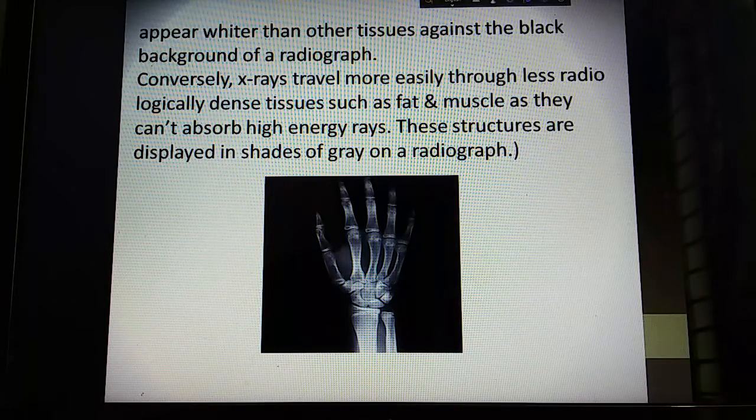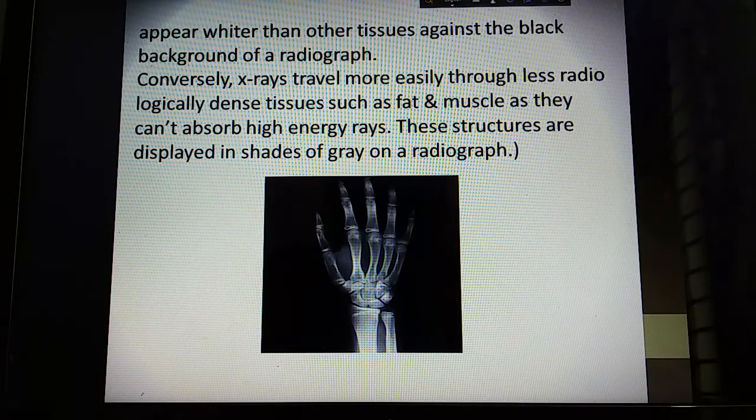If we observe the image on an X-ray report here, the image of a hand, the bones appear whiter than other tissues against a black background of a radiograph.